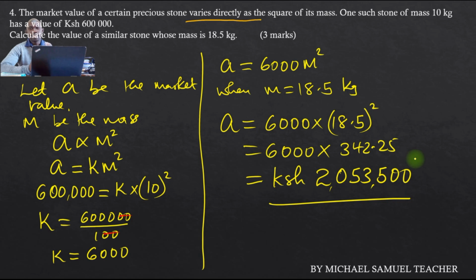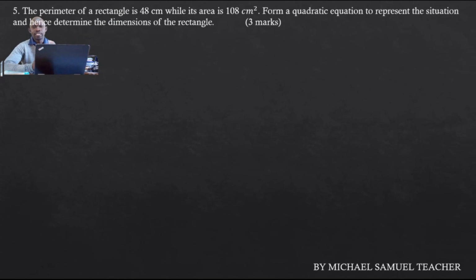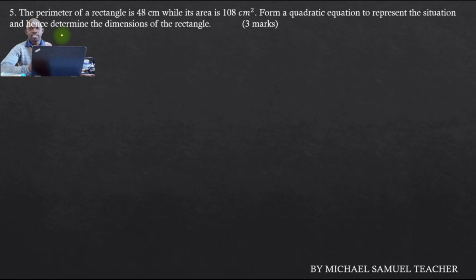We move on to question 5. The perimeter of a rectangle is 48 centimeters while its area is 108 centimeters squared. Form a quadratic equation to represent the situation and hence determine the dimensions of the rectangle.